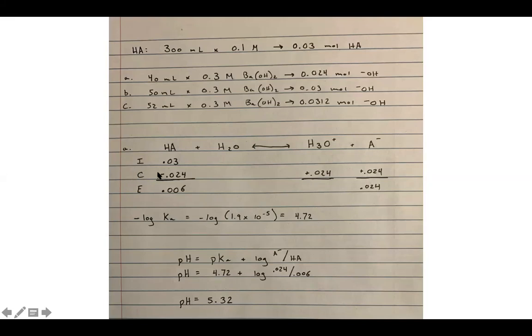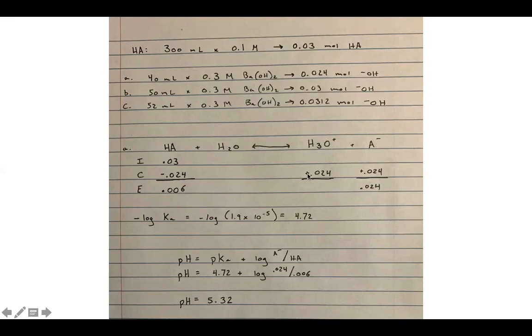Now the change is represented by the amount of hydroxide we add in part A. Okay, so we're adding 0.024 moles of hydroxide in part A, which means that's going to represent our change. Okay, and we're going to add that amount to our products. How do I know this? Well, the whole idea of titrations is your equilibrium is going to shift to produce, in this case, hydronium, which is going to neutralize that hydroxide that you're adding.